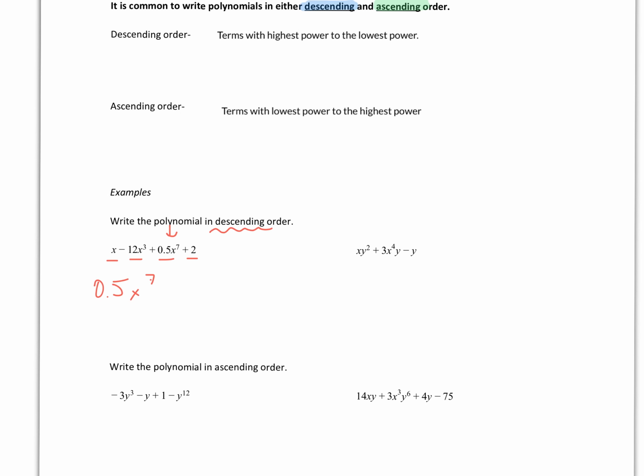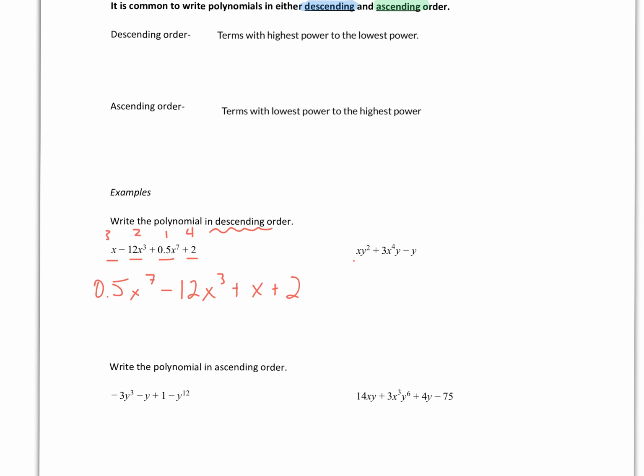Next would be x to the 3rd, for the 3rd degree, so I'm going to say minus 12x cubed. I'm going to stick that minus with it because it's still a negative 12. Third would be just the x term, so plus x. Fourth would be the constant, plus 2. So we're just rearranging things from highest to lowest.